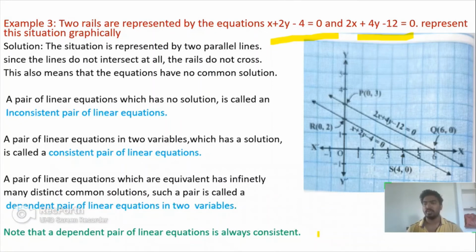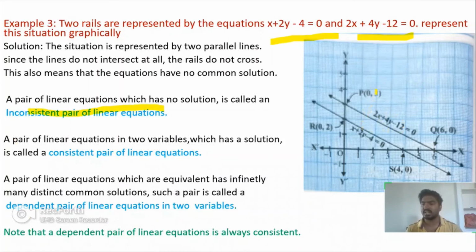So these are the technical terms based upon the graph, where we can clearly note that there are three possible conditions when you plot two line equations graphically. One, if two lines are parallel, that is, there is no common solution for the two lines, such lines are called an inconsistent pair of line equations.